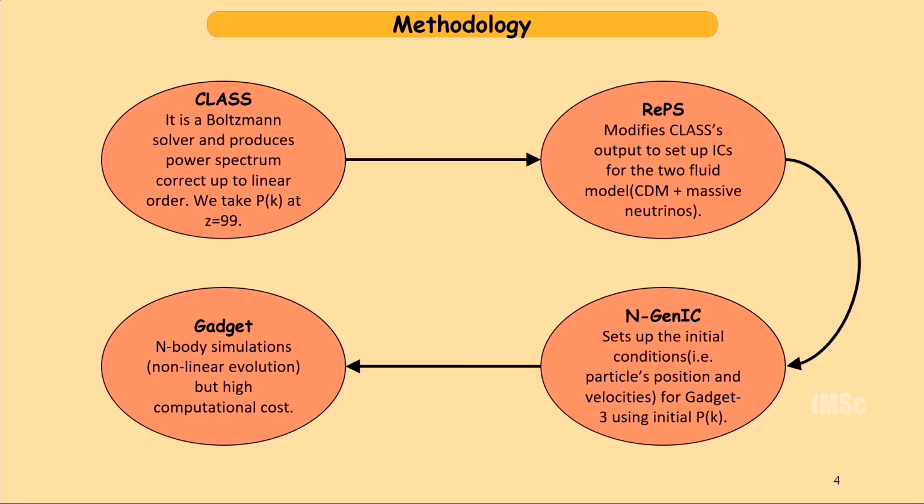So REPS modifies CLASS's power spectrum at initial redshift, in our case we choose it to be 99, and sets up the initial condition to run a massive neutrino simulation. And then we have N-GenIC, which comes with Gadget. What N-GenIC does is it takes the initial power spectrum from REPS and then sets up the initial particle positions and velocities in a simulation box, and then Gadget runs the N-body simulation.